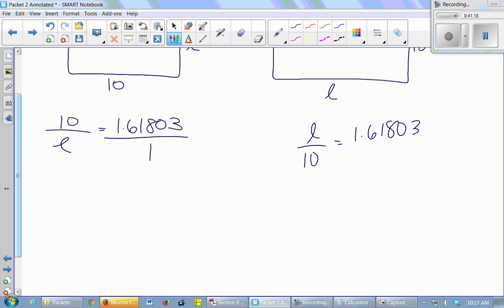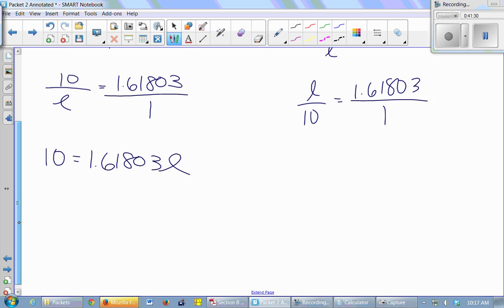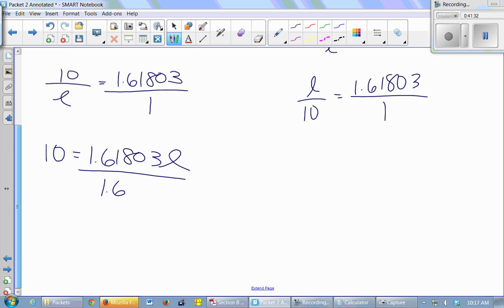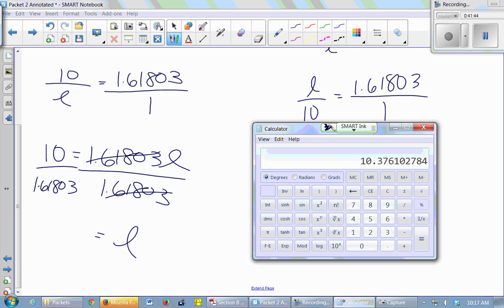Yeah, I could write these as proportions, put the 1.61803, and you cross multiply. So this says 10 times 1 is 10, equals 1.61803 times the length, and then divide both sides by 1.61803. So we get L is 10 divided by that, 6.18, okay.